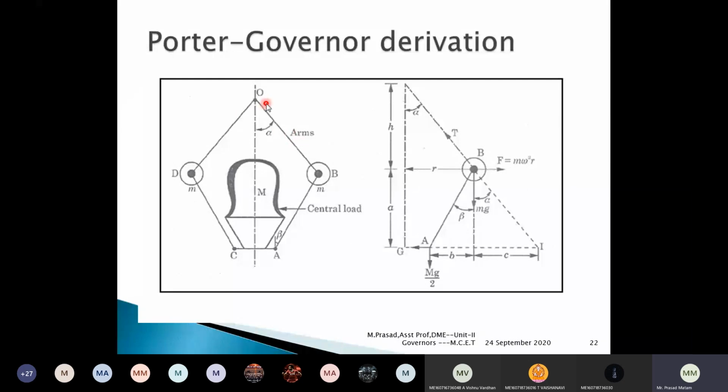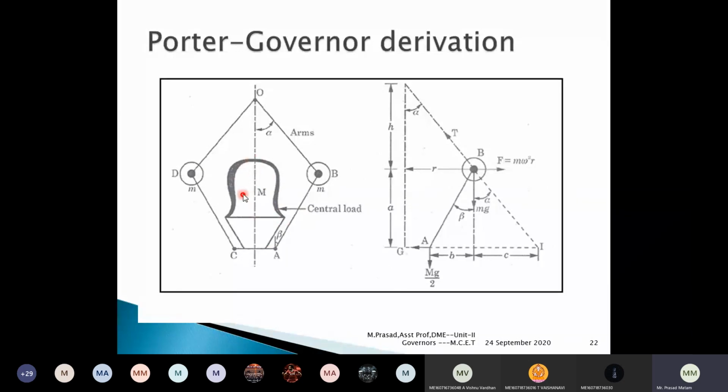Angle alpha is the angle made by the arm with respect to the spindle axis. Similarly, beta is the angle made with respect to this arm, and M is the central load acting on the Porter governor, or on the sleeve.